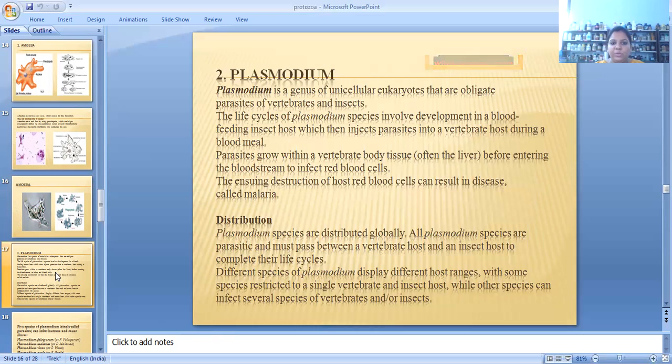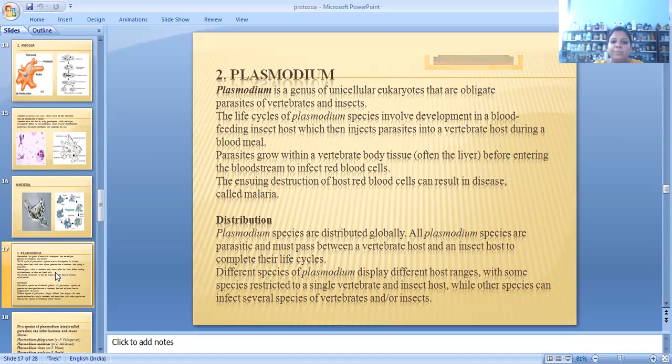The next protozoa which we are going to study is Plasmodium. The name Plasmodium tells us that it is one of the causes of malaria, because we have studied in previous years that malaria is caused by the protozoa Plasmodium vivax and Plasmodium falciparum. Plasmodium is a genus of unicellular eukaryotes that are obligate parasites of vertebrates and insects.